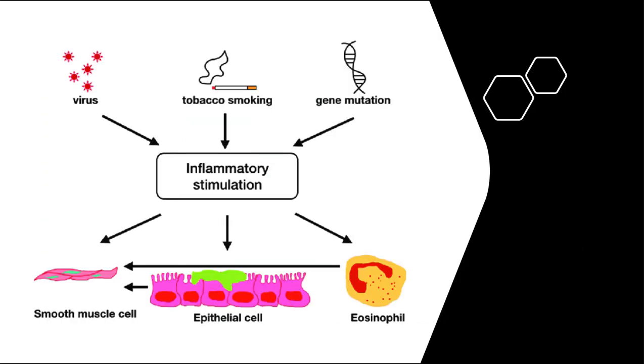The distinctive feature of chronic bronchitis is hypersecretion of mucus, beginning in the large airways. Although the most important cause is cigarette smoking, other air pollutants such as sulfur dioxide and nitrogen dioxide may contribute.